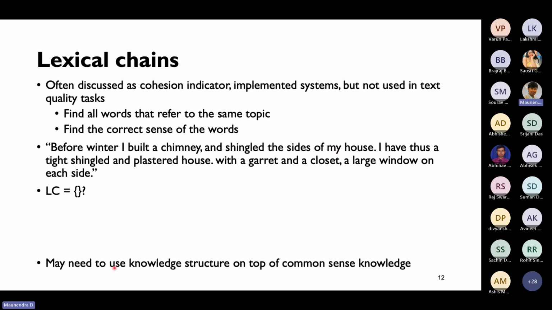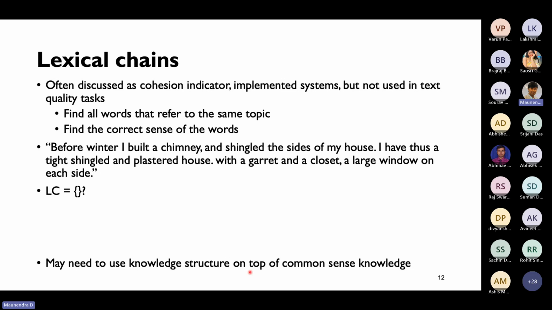And sometimes we may need to use knowledge structure on top of common sense knowledge. We may need to have some understanding that a window is a part of a house, or a chimney is there in a house. If you have some knowledge structure which guides this kind of understanding, these models can actually benefit.